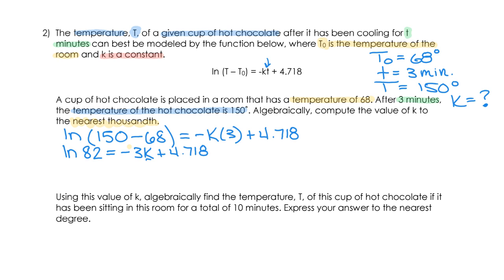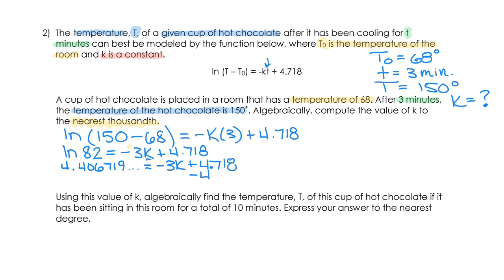So what if we do this? What if in our calculator we type in ln of 82 to figure out what that equals? And when we type that in, that's going to be 4.406719... equal to negative 3k plus 4.718.